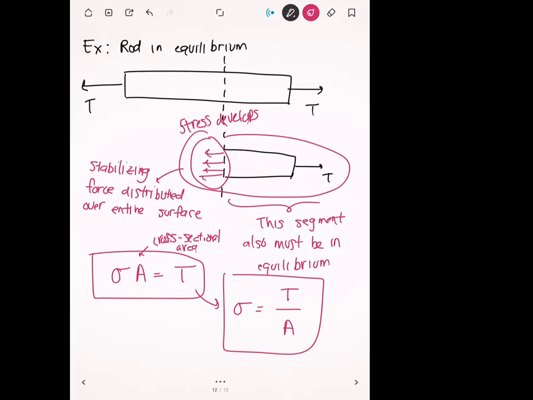All right. Let's go over the two different kinds of stresses, or the two different directions for stresses that we can see.